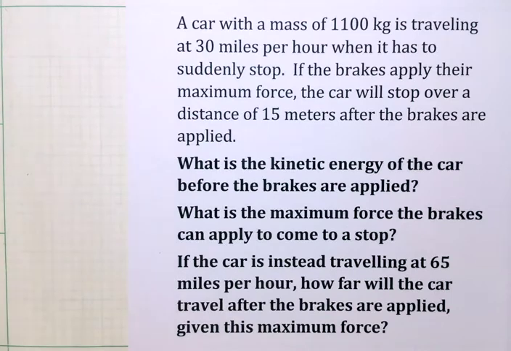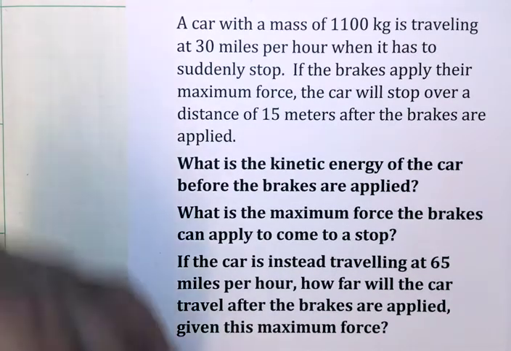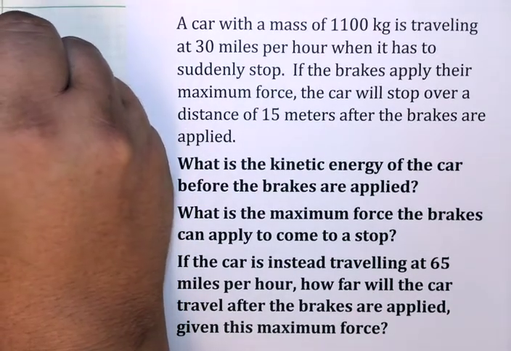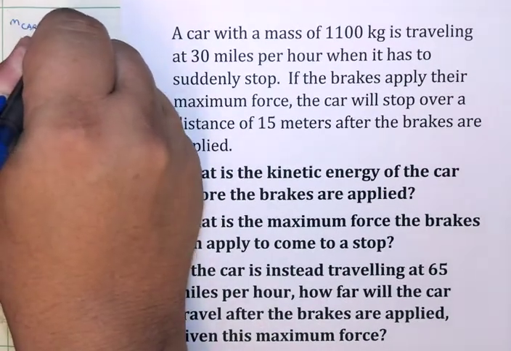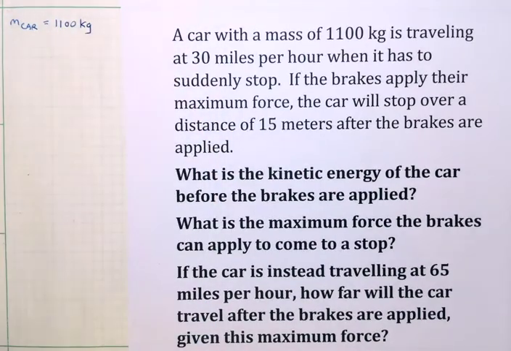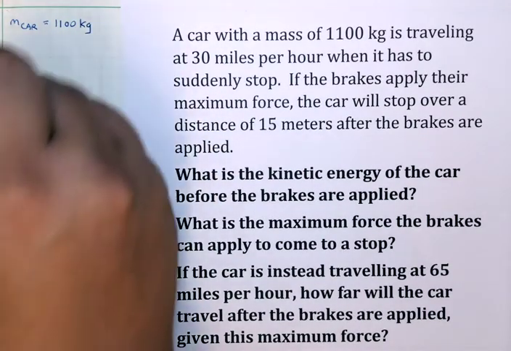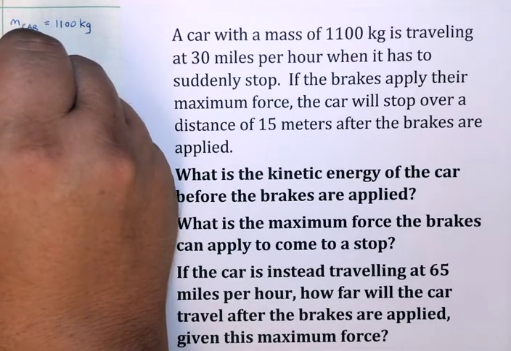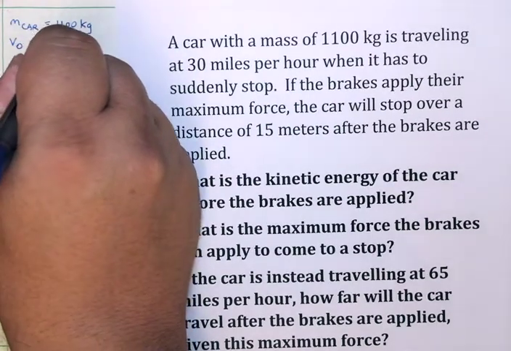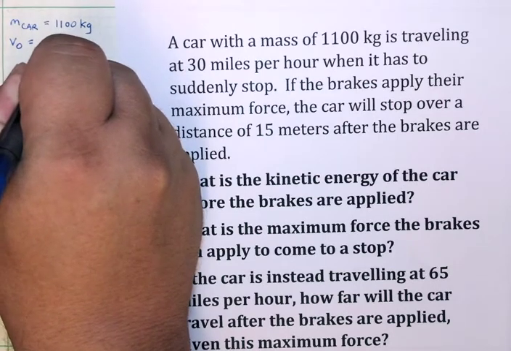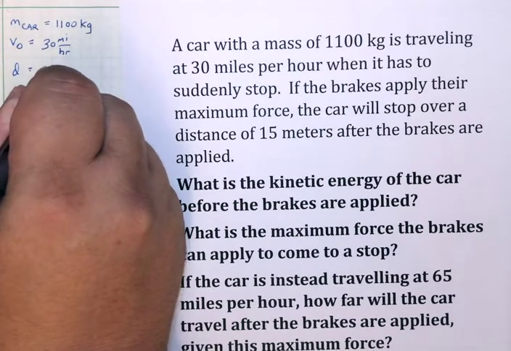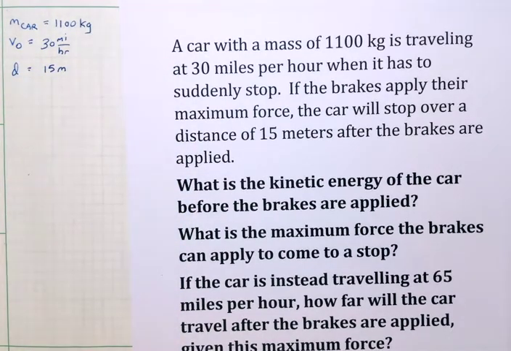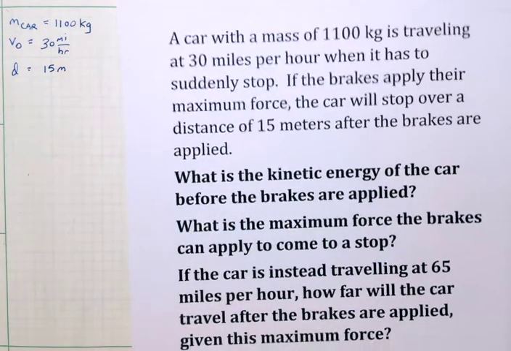And for the first part of this problem, we are told the following: that the mass of the car is 1,100 kilograms, and that the initial velocity of the car is 30 miles per hour, and that the stopping distance is 15 meters. Those are the pieces of data that we are given in the problem.